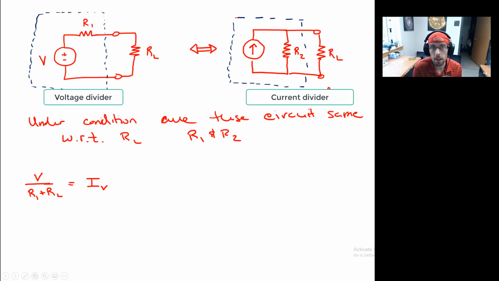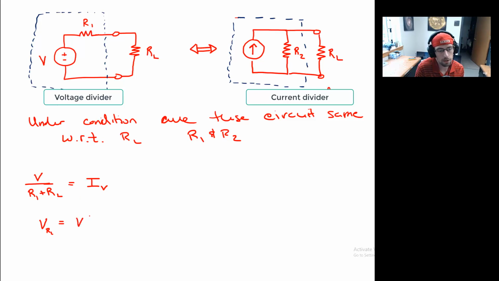Now let's go ahead and find out, based on this, what is the potential drop across the load resistor. Knowing the current through the load resistor, we know that the potential drop across RL is equal to the current times the resistance.